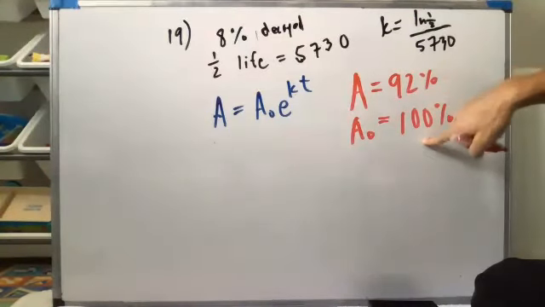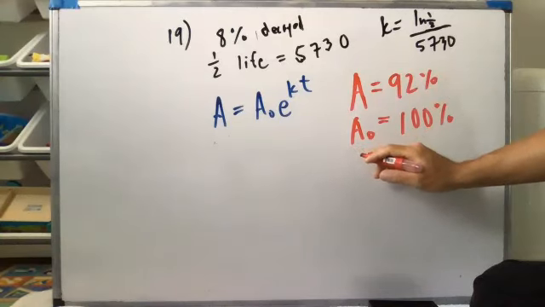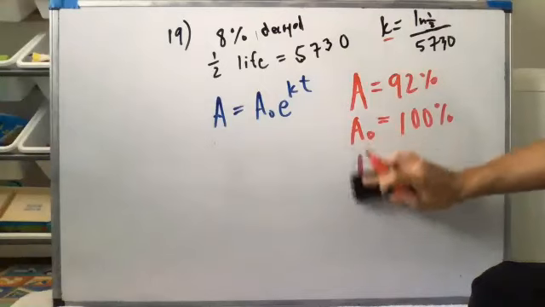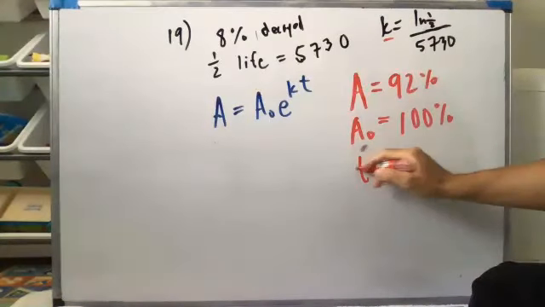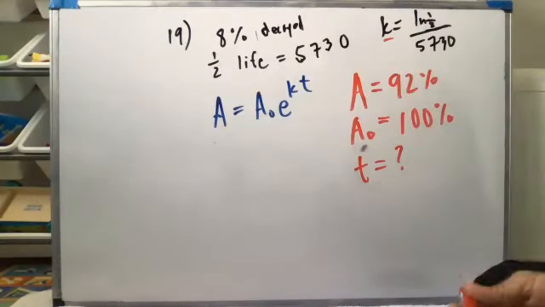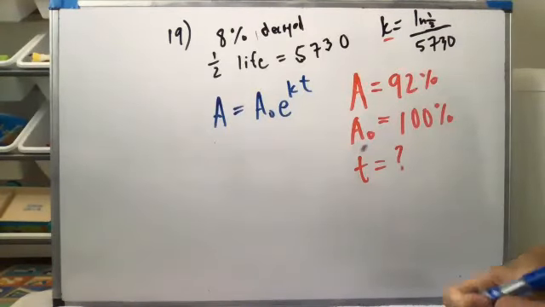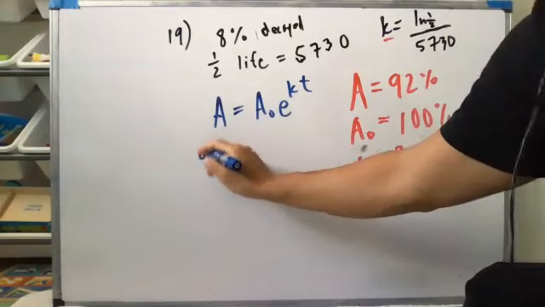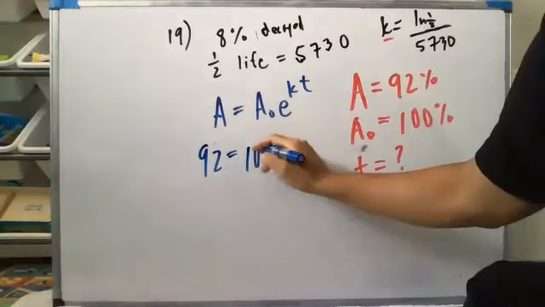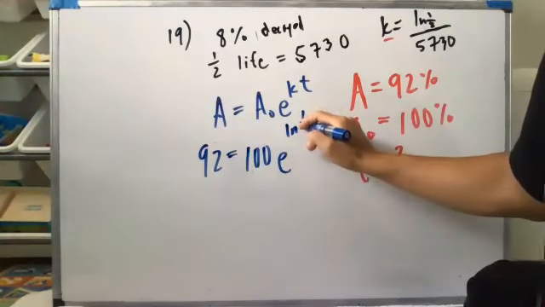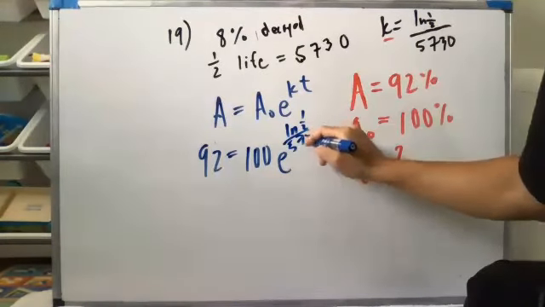So we'll use 92 and 100, and the thing I don't know is t. So 92 equals 100 e to the ln of 1/2 over 5,730 times t.